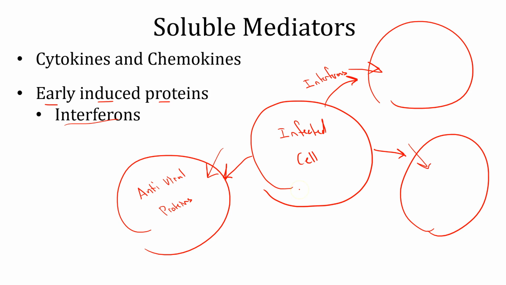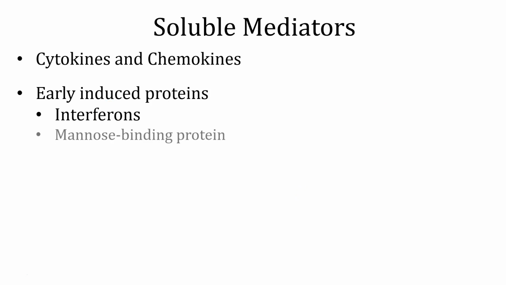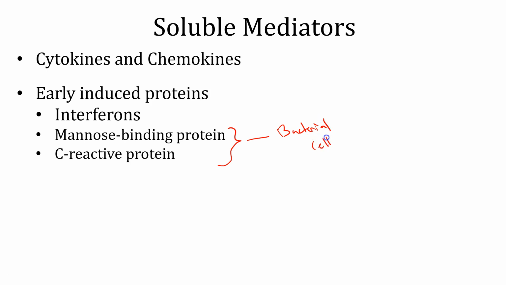So it's a general class of interferons. There are also these two here that the book mentions, mannose binding protein and C-reactive protein. Both of these proteins will bind to bacterial cell walls, and they will tell the phagocytes, hey, there's something you can bind to.